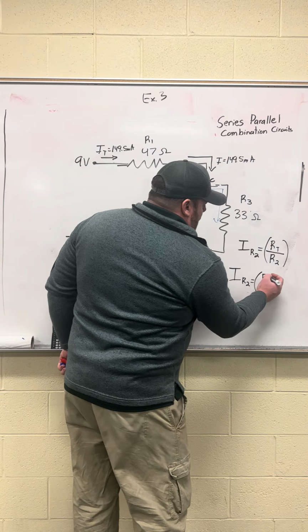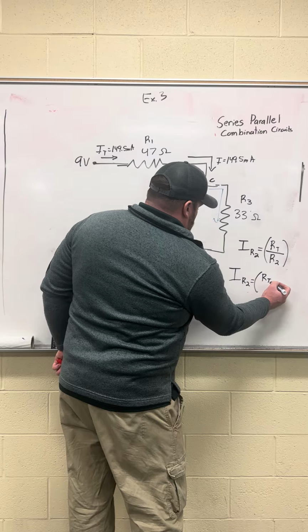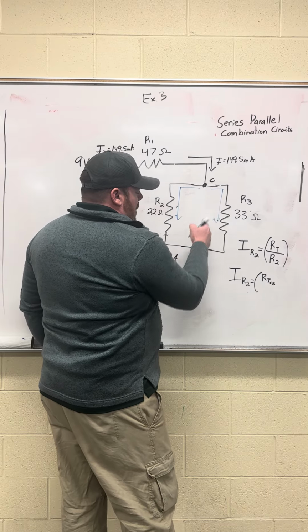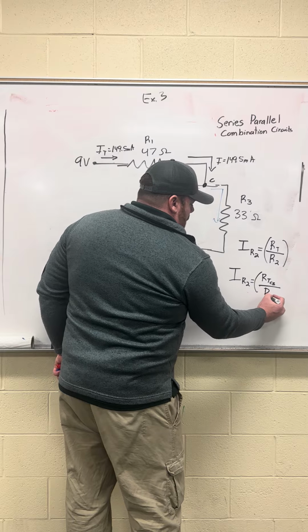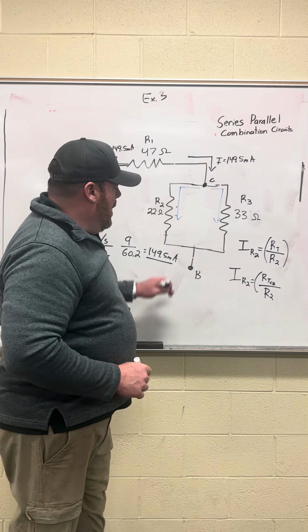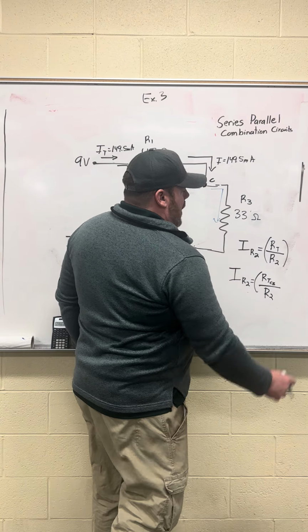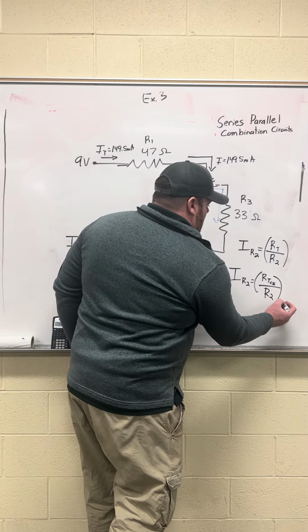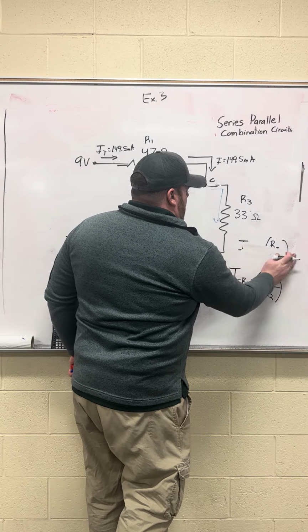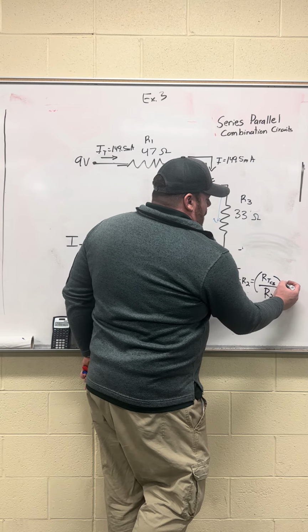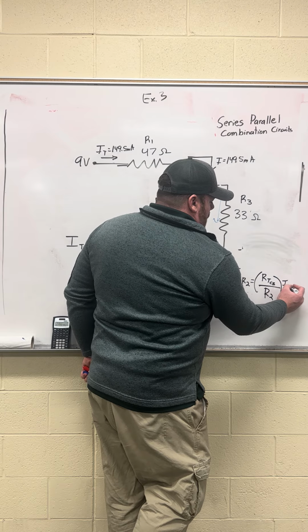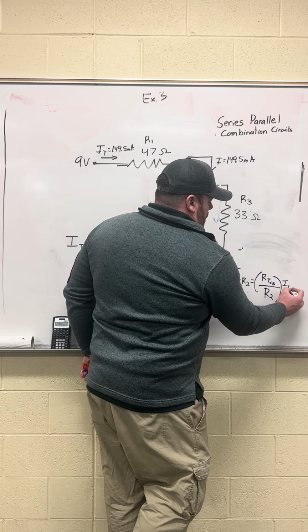So what I'm going to do is call this RT between C and B, just this portion right here, divided by the resistance of R2, because this is the one we're curious about, how much current's going to flow through it. We're going to multiply that by the total current coming into C to B.